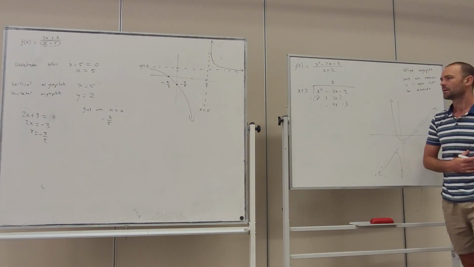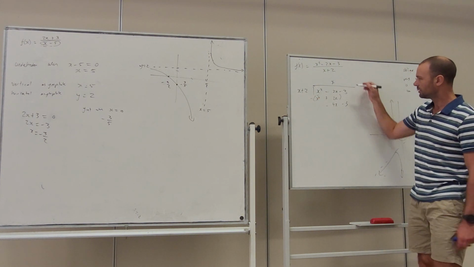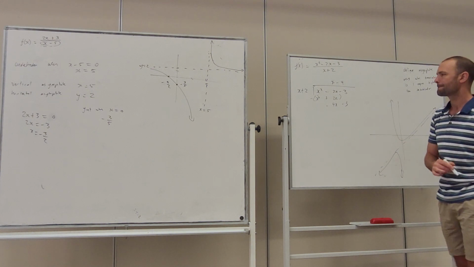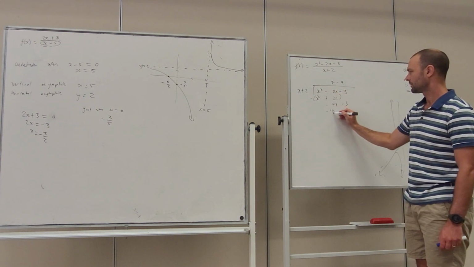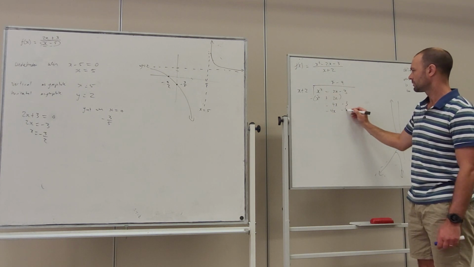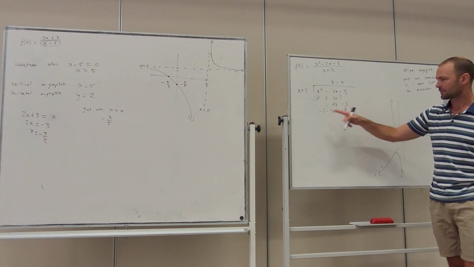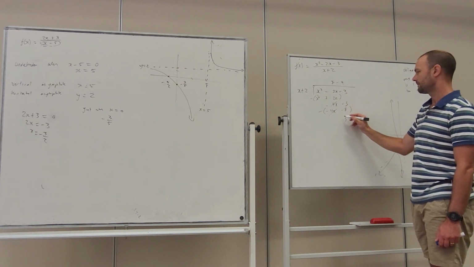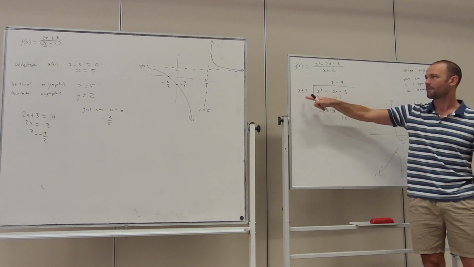And what do I multiply x by to get minus 4x? Minus 4. So I'll perform that. Minus 4 times x. Minus 4 times 2. Subtract that away. Cancel. Minus 3 plus 8, positive 5. So we have our remainder, we have our quotient, we have our divisor.